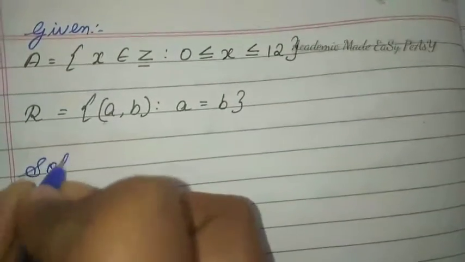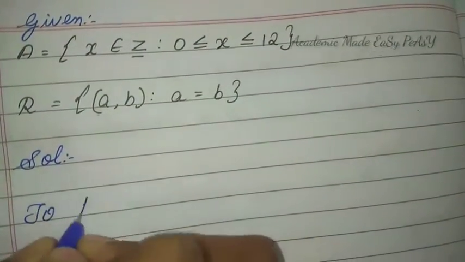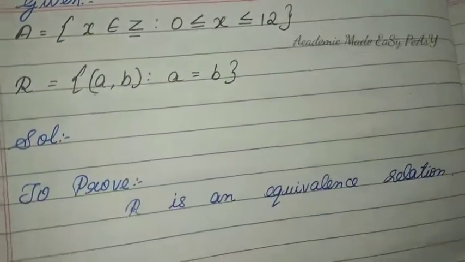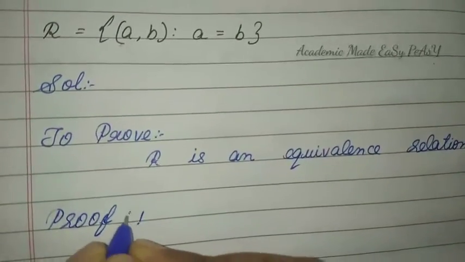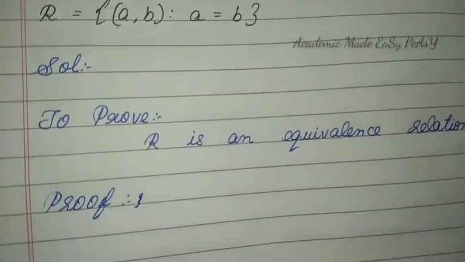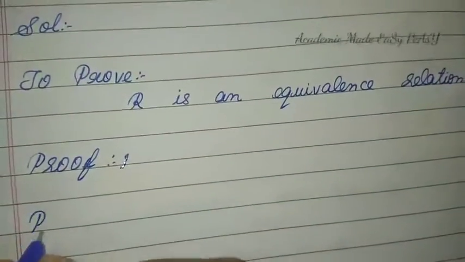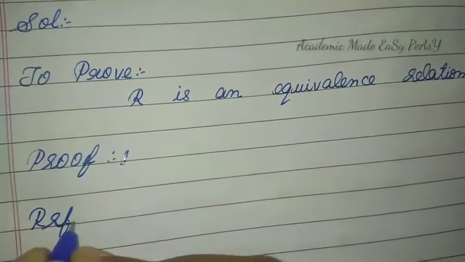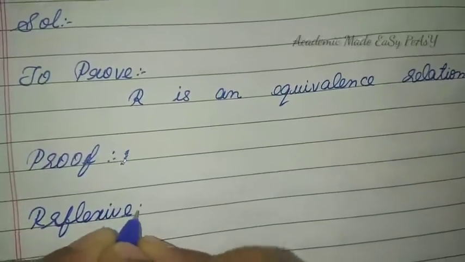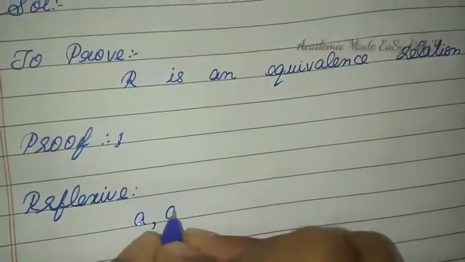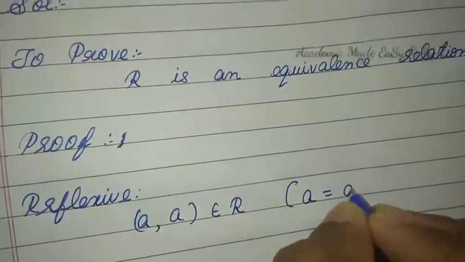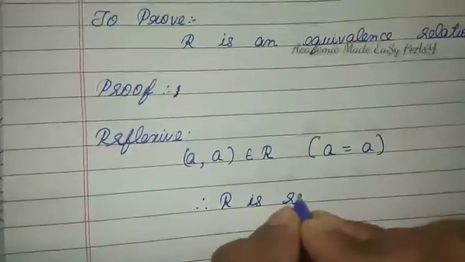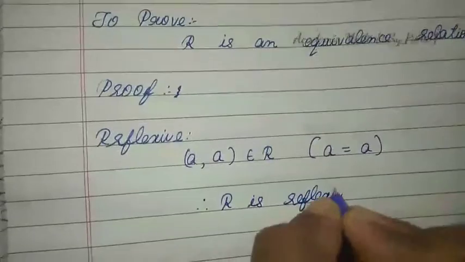So we'll move on to the solution, and we have to write the proof part. In the proof part, we can go for reflexive. I'm saying A comma A belongs to R because we know that A is equal to A. So therefore R is reflexive.